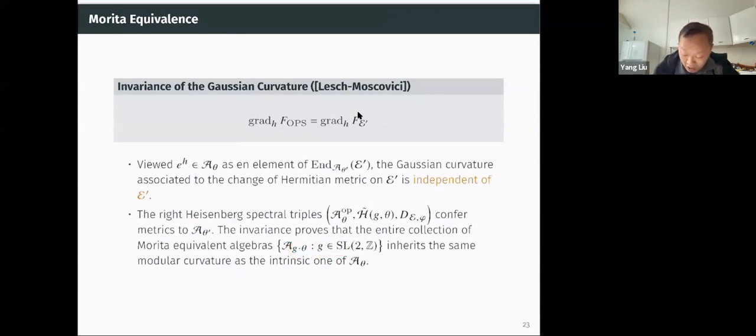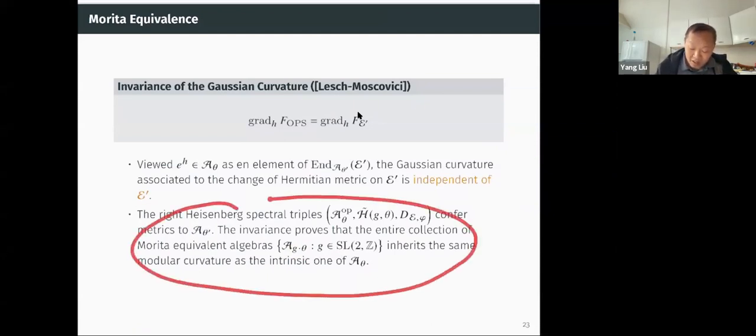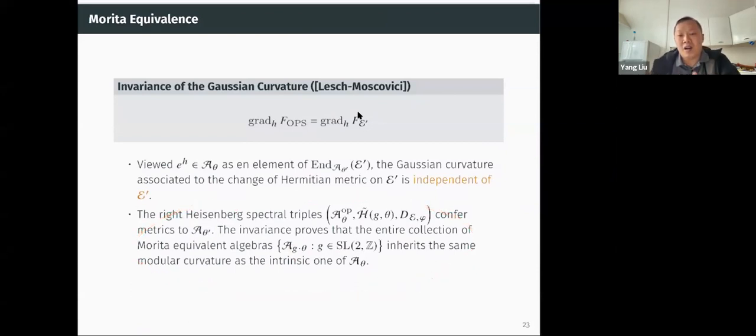Via this SL2 action, this invariance gives you an invariance for this class of A theta prime. Geometrically, this class corresponds to the Kronecker foliation. So in this sense, this curvature is something attached to the Kronecker foliation.